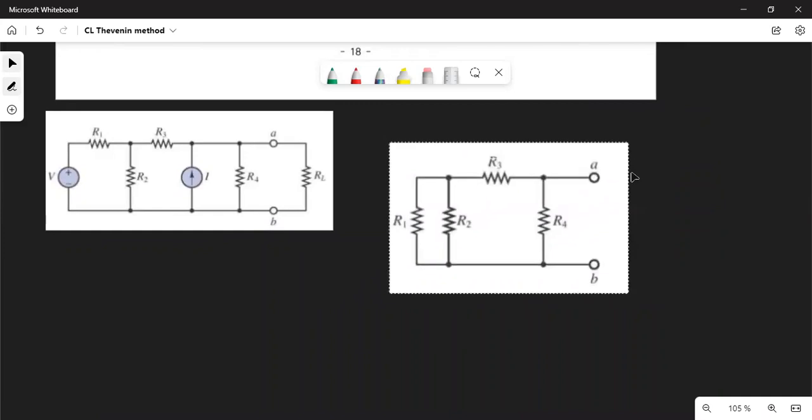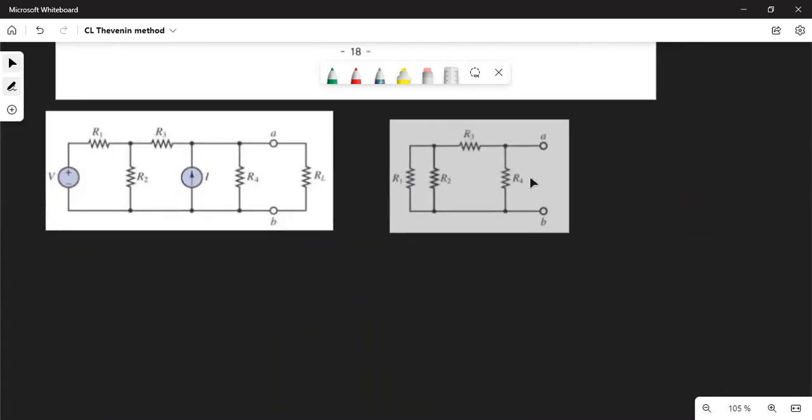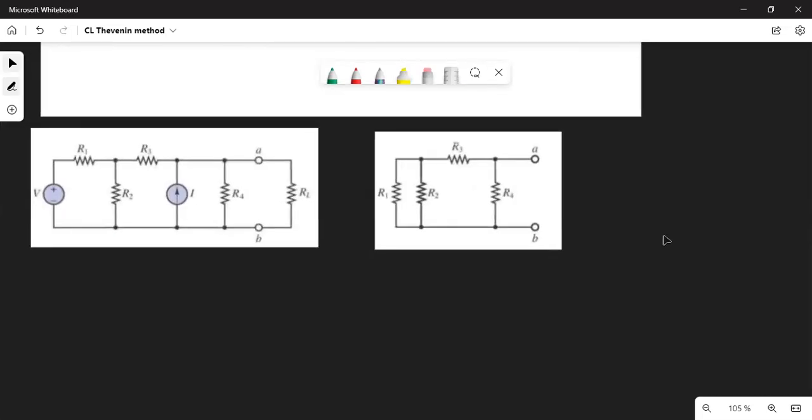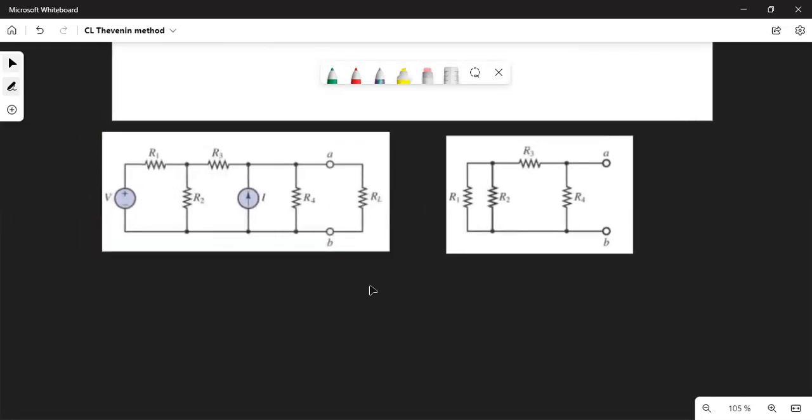Basically, in order to find the Thevenin resistance of this circuit, as I said, we should assume this V is just a straight wire, and about independent current sources, we just assume they never exist in the circuit.